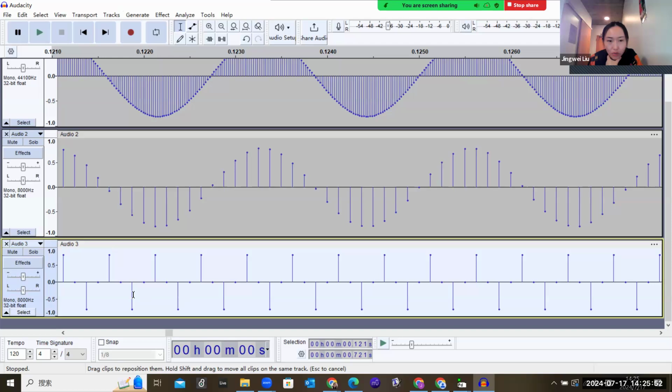When I generate this 2000 hertz tune, you can see the sampling. This is one cycle, this is one cycle, and every cycle only has four different points, because your sampling rate is 8,000 and your tune is 2000. Therefore, you only have 4 points to represent one cycle.